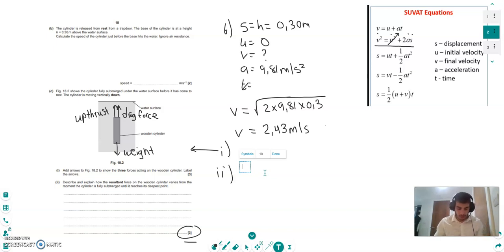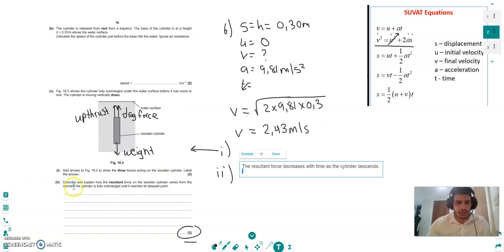So the resultant force decreases with time as the cylinder descends. That should give you 1 point.